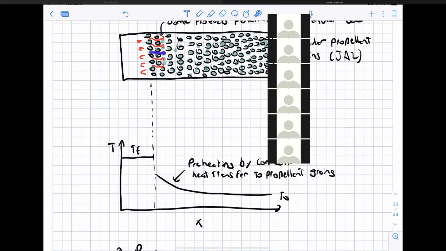Then due to convective heat transfer, as these high temperature propellant gases pass between all the propellant grains, there will be convective heat transfer, and that will raise the temperature of the propellant grains. And so if I was to draw the same profile for the other case, what that would look like is something a bit like this.